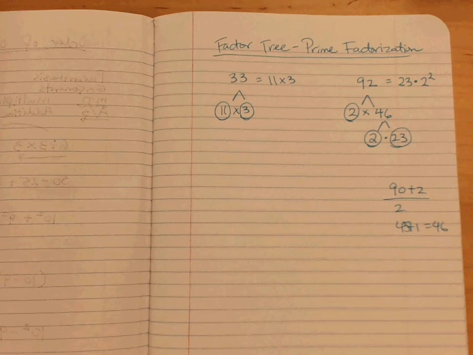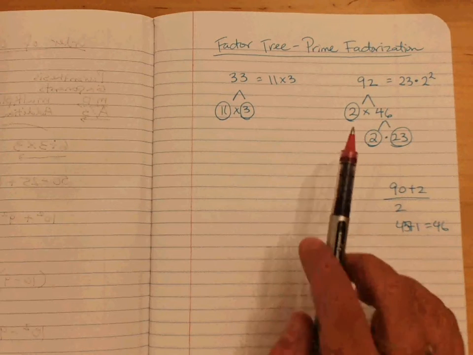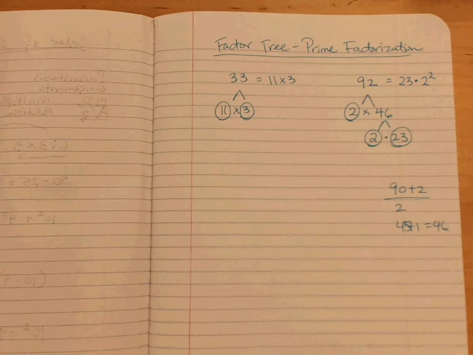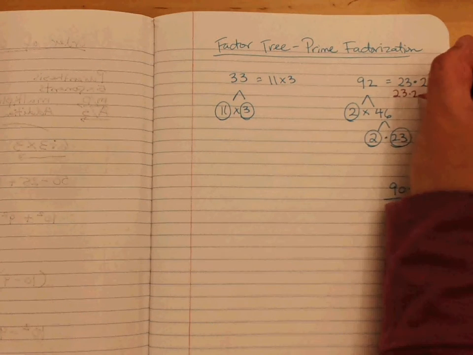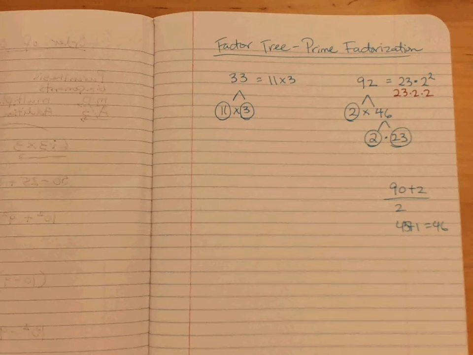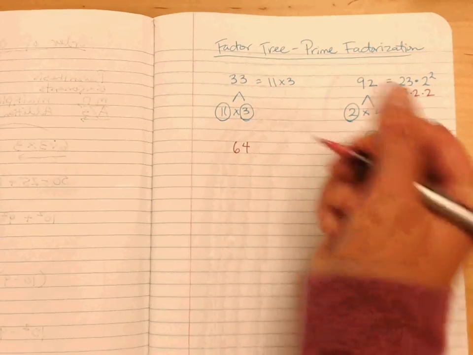Okay, let's do another hard one. Yes, roll it back. Because I could write it like this, 23 times 2 times 2. But what we discovered, let's say we did the number 64.